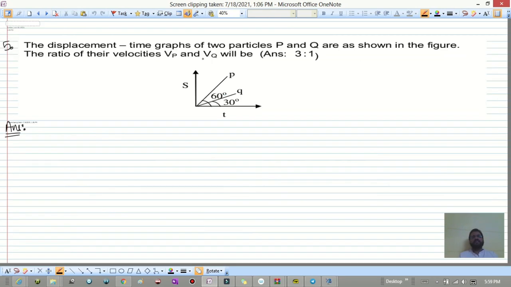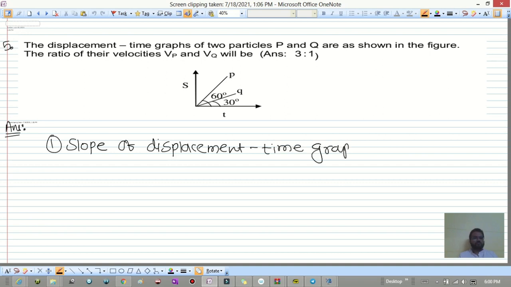So next problem we have, that is question number 5. The displacement time graph of two particles P and Q are given, find the ratio of their velocities. See, 2-3 points that you need to remember always, right? First one, slope of displacement time graph gives velocity.